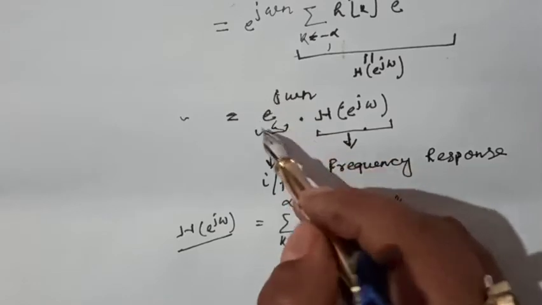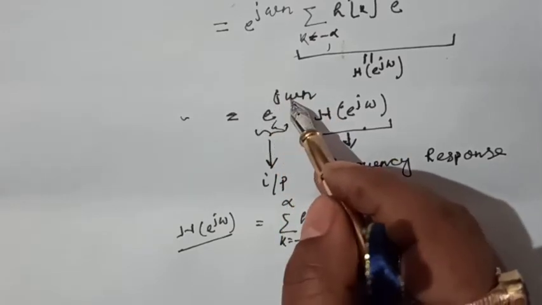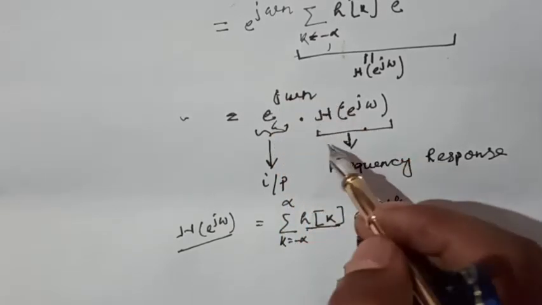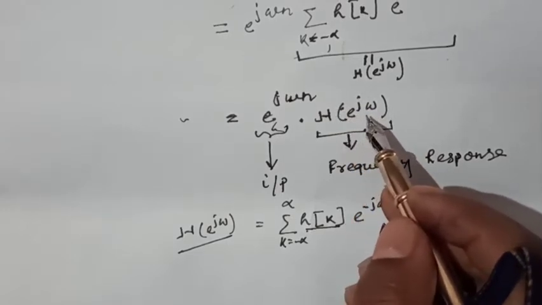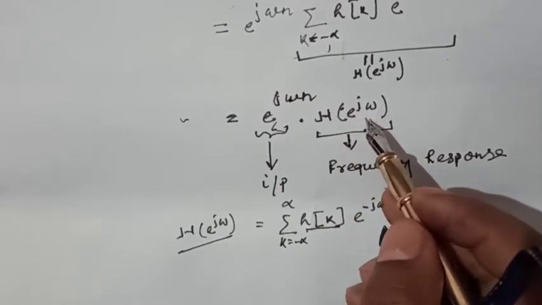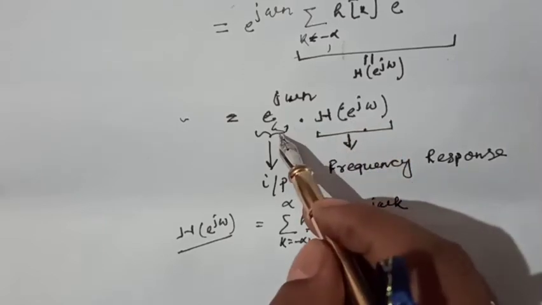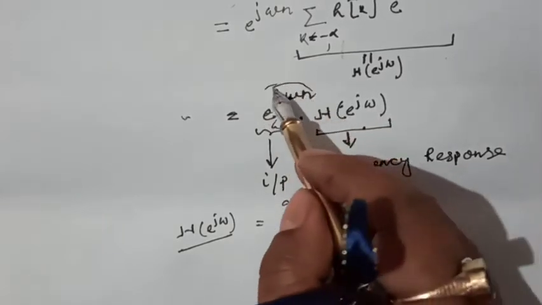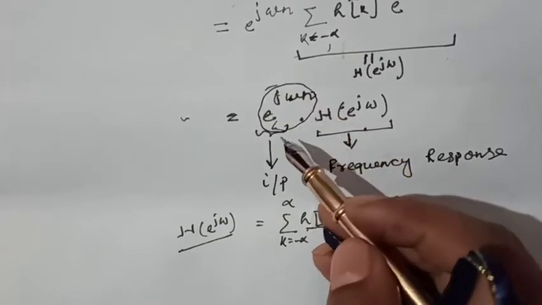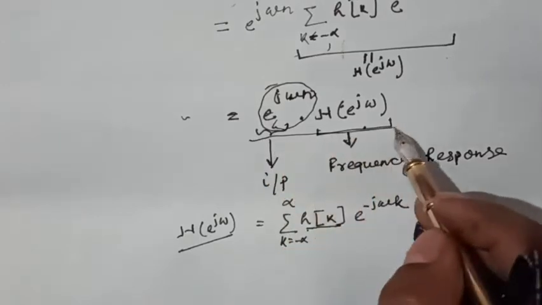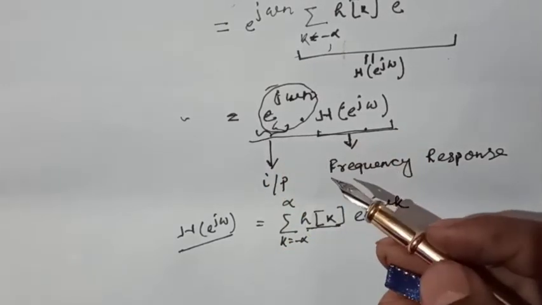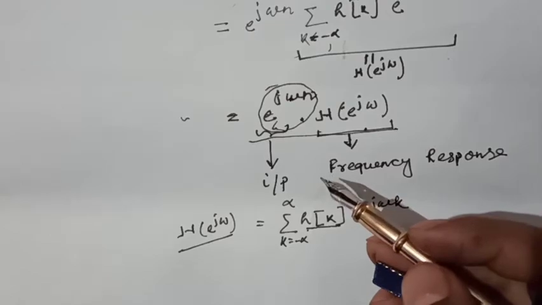So this is the same quantity of the same frequency omega, but multiplied by this particular term H of e to the power j omega. This type of signal, e to the power j omega n, produces a response which differs from the input signal only by this factor.